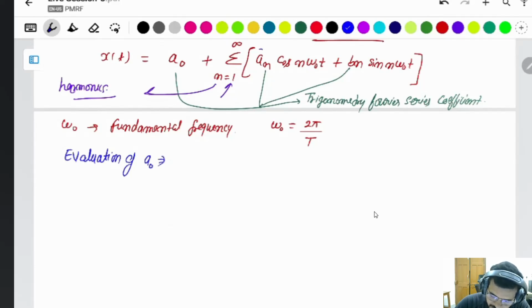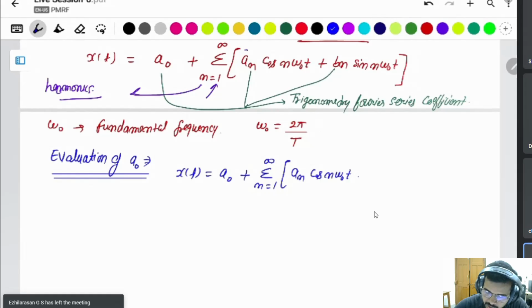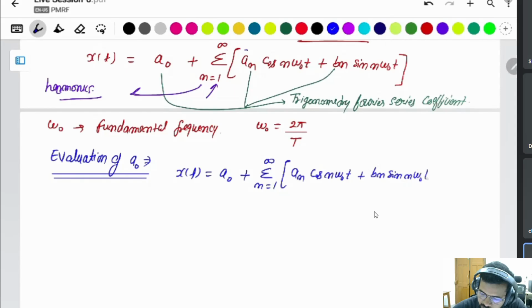First start from a naught. Suppose x(t) is represented as a naught plus the summation from n equals 1 to infinity of a n cos of n omega naught t plus b n sin of n omega naught t.